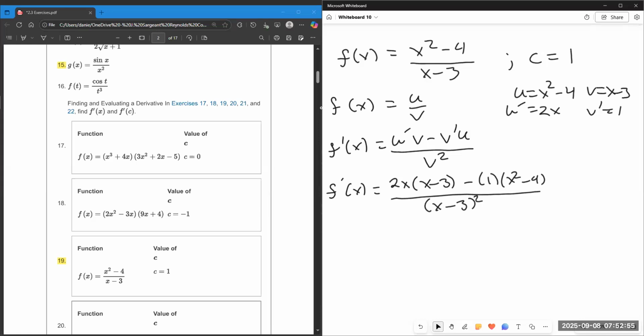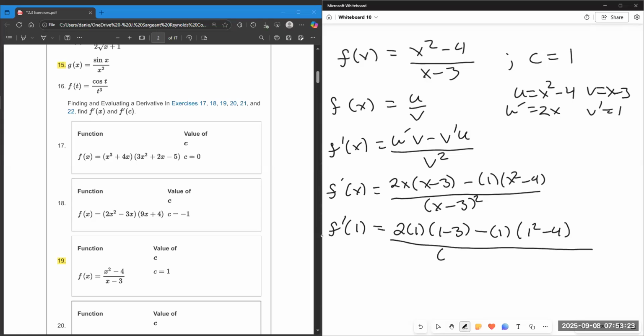That's something that's different this time because I'm evaluating at a specific x value. I can go ahead and plug in x here without simplifying my numerator and denominator if that would be helpful. So let me go ahead and show that to you. If I stick 1 in here, this is 2 times 1 times 1 minus 3 minus 1 times 1 squared minus 4 over 1 minus 3 quantity squared, and that's not going to change my final answer.